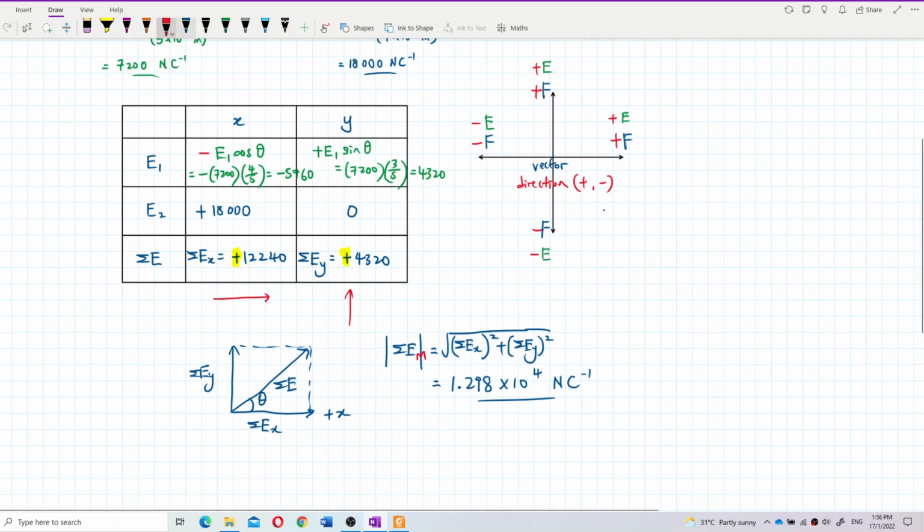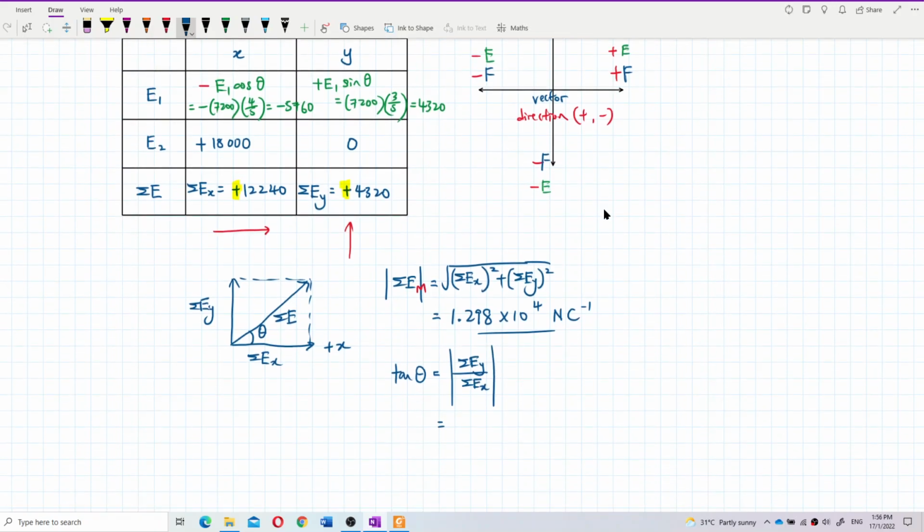And then I need to give the direction also, not just the magnitude. Take the modulus of total Ey over Ex, and don't forget to take the inverse tangent.